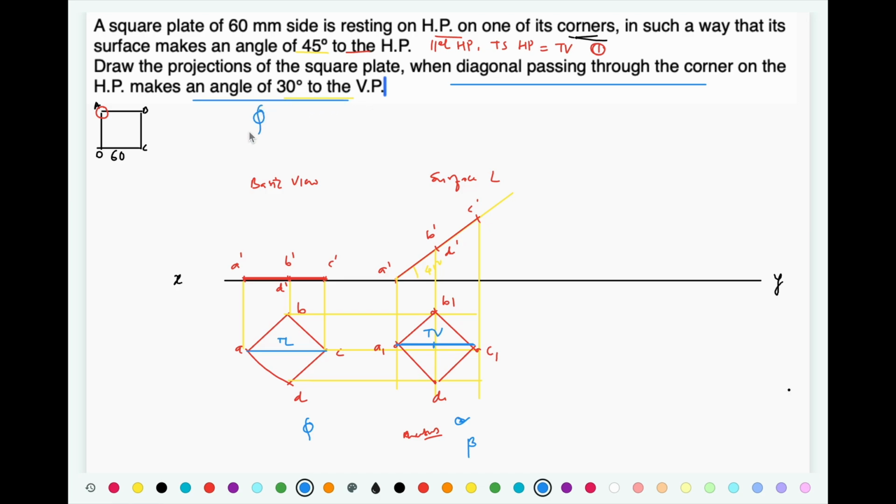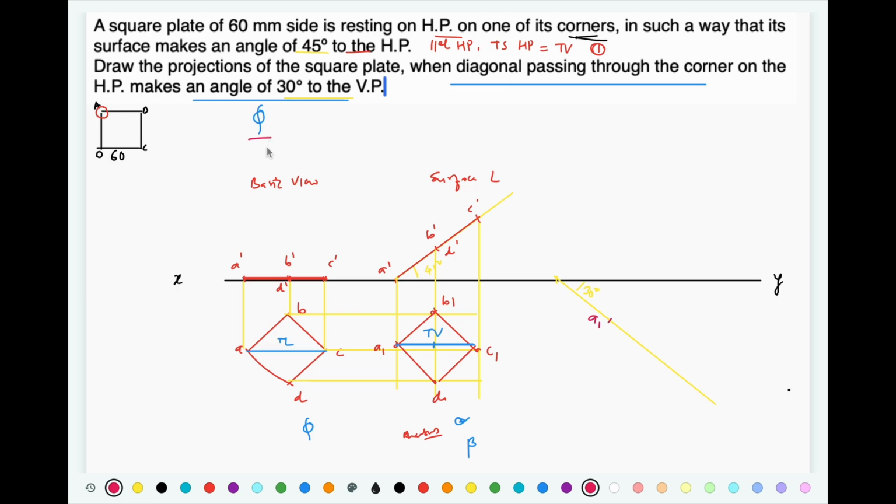So this angle is phi. So draw a line inclined at 30 degree.